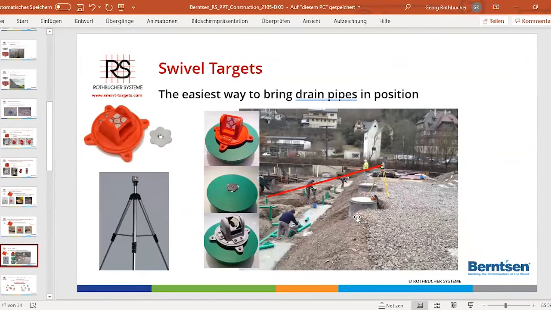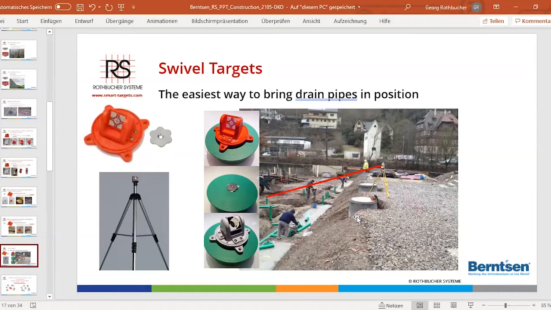Next thing is what I have seen. I can show you also here. We have the cover of the water drain pipes, and when you just put the magnetic version here, then you can also put your prism or your target reflector in all directions. And so when you have a lot of drain pipes, you cannot go faster for the installation than with this system.